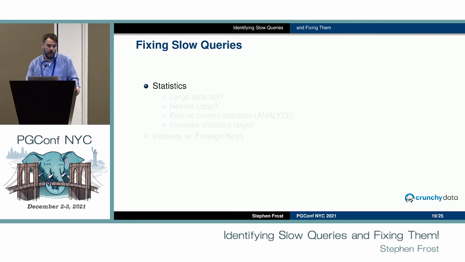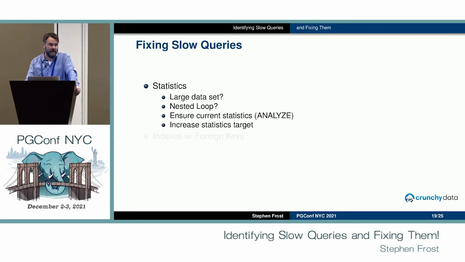In the event that you are seeing things like a large data set with a nested loop, sometimes this can happen due to statistics not being updated, right? In particular, when you do an EXPLAIN ANALYZE and you're seeing the row estimate, the number of rows that Postgres thinks we're going to get back at a given node, and the actual number of rows that we're getting back from that node being way off, especially at the lower levels like index scans and sequential scans, that's going to be an indication that our stats are off.